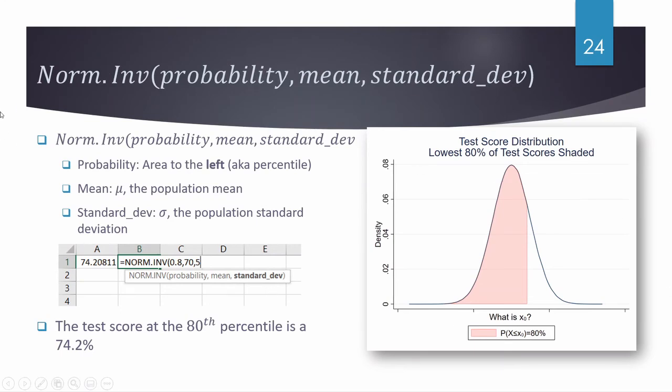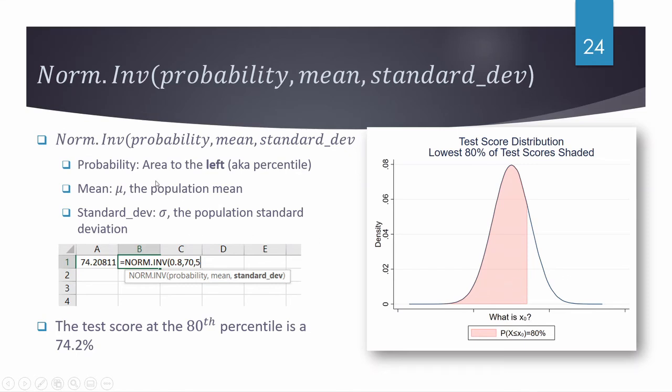What we're after is going to be solved for us with the norm.inverse function in Excel. And the way we're going to tackle these is to identify the area to the left of some point, here shaded in pink, the mean and the standard deviation of a distribution. And that's going to return for us the value of x such that some percent of the data are to the left.